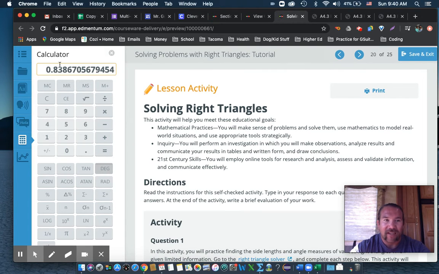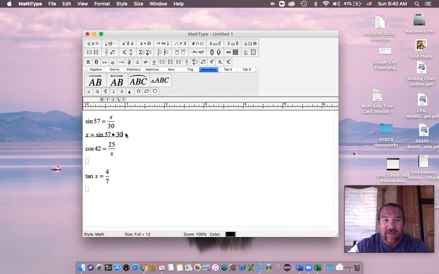Again, remember, that is the value of the sine of 57, equals. So my answer is 25.2. You can just round. I don't know what they ask you to round to in the activities, but I usually just have students round to the tenths place, okay? So again, my answer for this is 25.2.